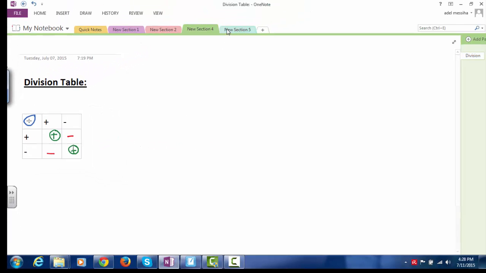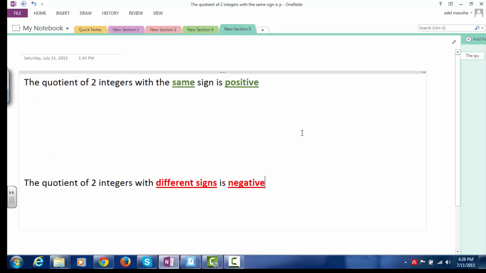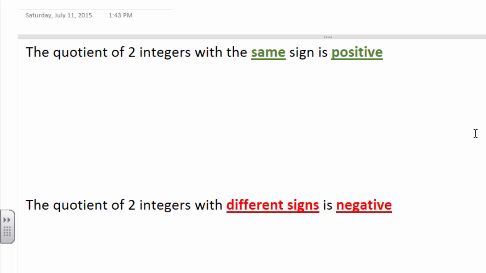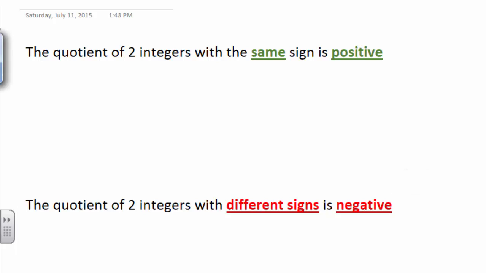So now let's move to some conclusions. After what we saw now, the quotient of two integers with the same sign is positive. So let's see an example. I'm going to change the color to blue. If I have positive 40 and I divide it by positive 4, this is what we call the dividend.